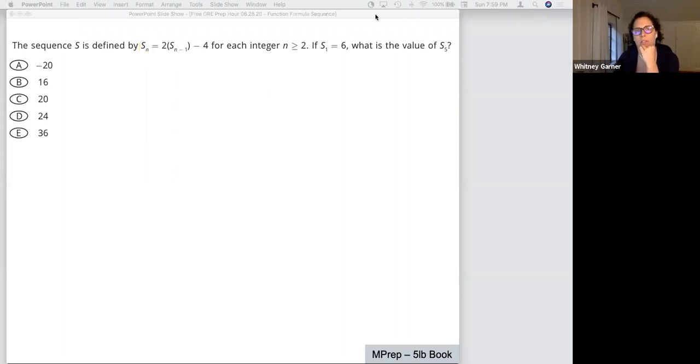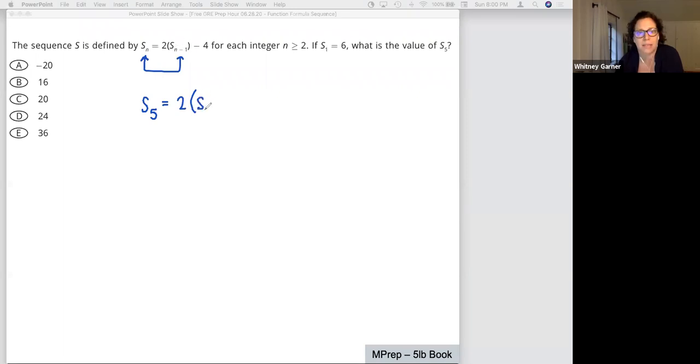And so the way we want to start to think about the relationship between s sub n and s sub n minus 1 is if I wanted, let's say, s sub 5, right? That's what it's looking for. So s sub 5 is what I'm solving for. I always start there. That equals, according to this formula, 2 times, and then I would put the 5 in here, 5 minus 1.